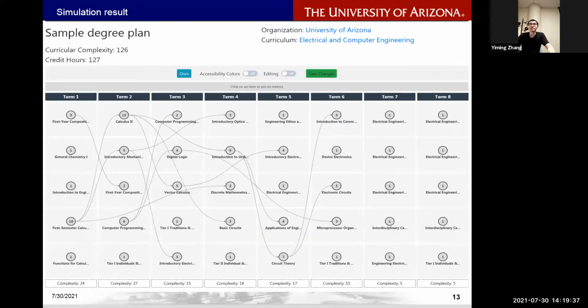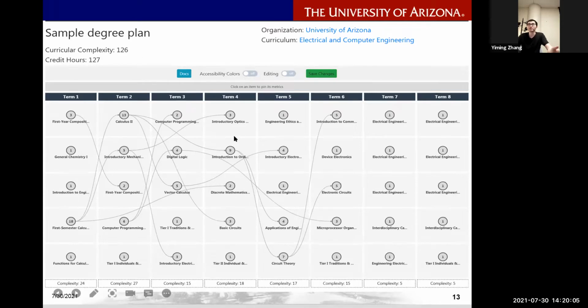In the next slides, I run our optimization algorithm on the sample degree plan of our ECE curriculum at U of A. So you can see all the courses and the prerequisites are shown here from our toolbox. And based on the information I entered in the toolbox, we can calculate the complexity here.